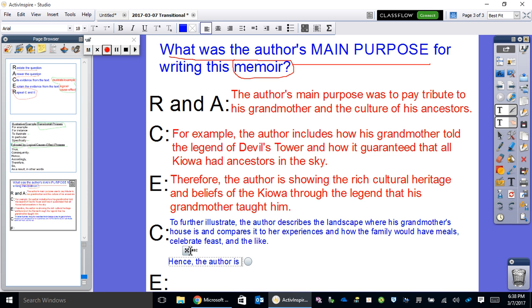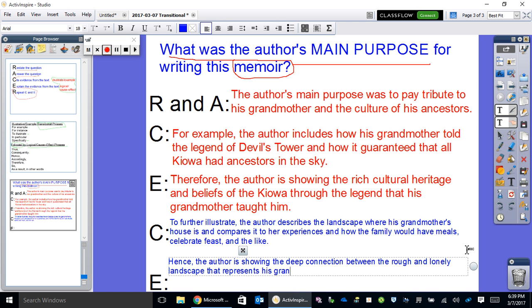The author is showing the deep connection between the rough and lonely landscape that represents his grandmother, as well as the connections to family, feasts, and traditions that are important in this memoir.